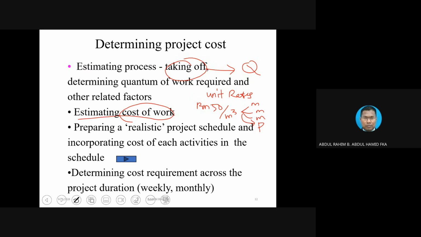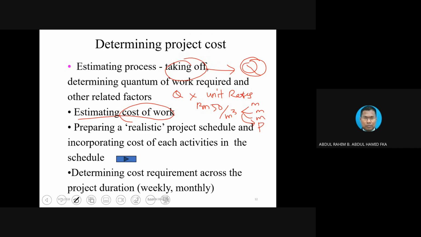If we want to tell people how much money is required for you to perform a certain job, you basically need to come up with the quantity times the unit rate, because quantity is the amount of things.